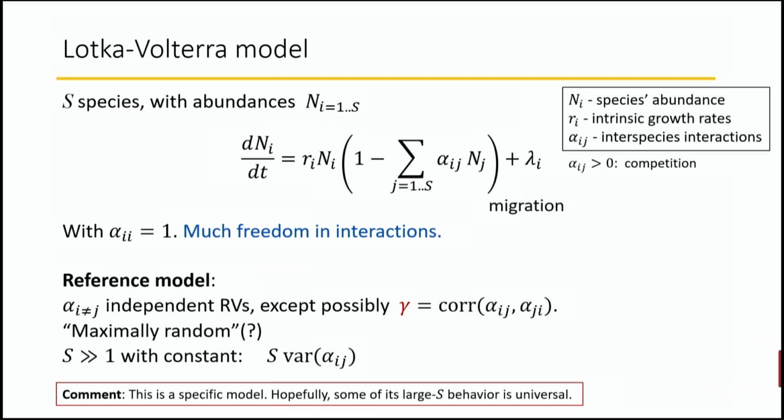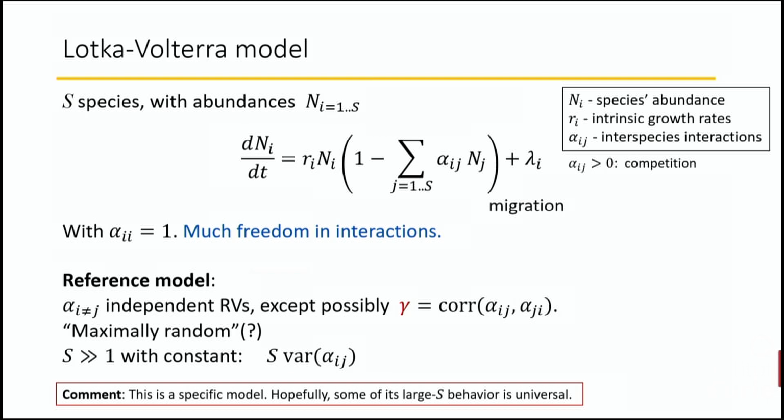Okay, and now the point is that my focus is on diverse communities with many species. So the limit I'll be taking is a case where I have many species. What is many? How much is many? That we'll have to see later.